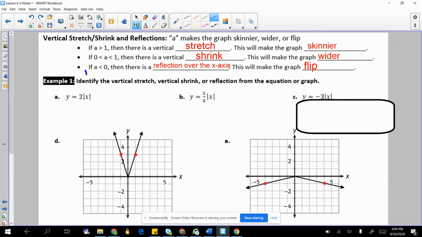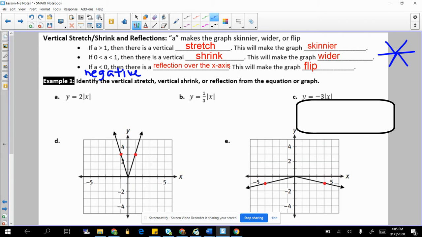And then the last option is if your A is less than 0. So basically this means if it is a negative. If you have a negative number, that means that it's going to be a reflection over the x-axis. So think about that. A reflection over the x-axis looks like this. Makes sense.